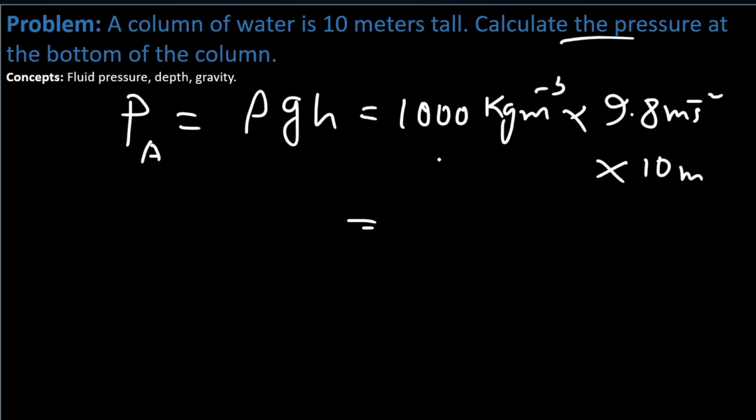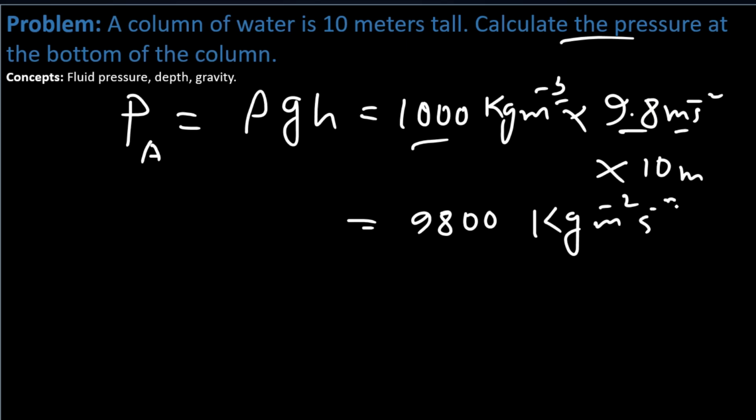So here we need to calculate: 9800 kilogram per meter square per second square times 10 meter.